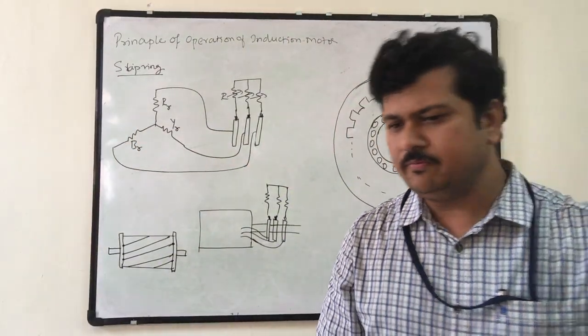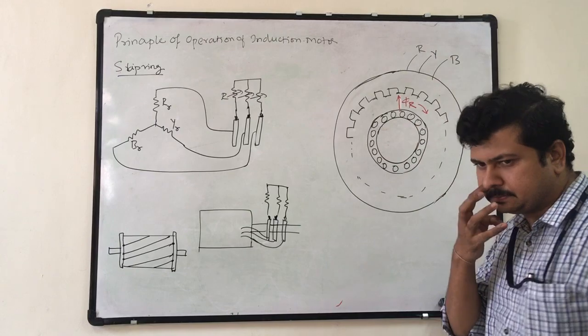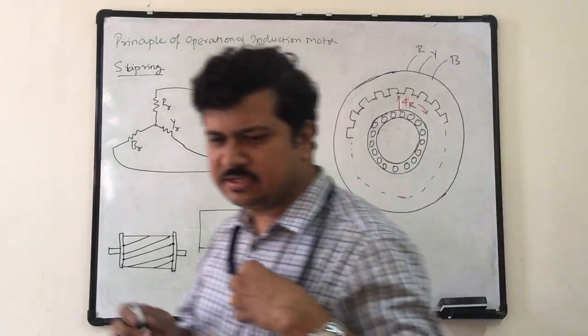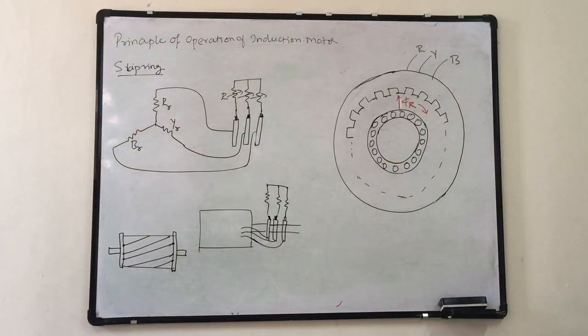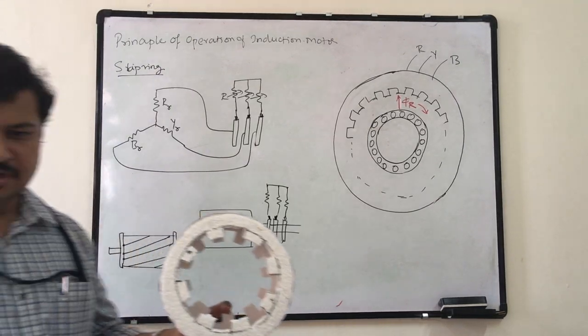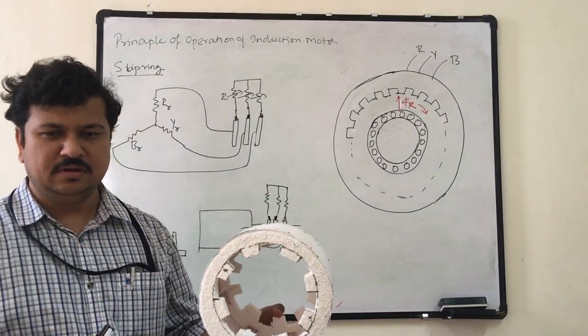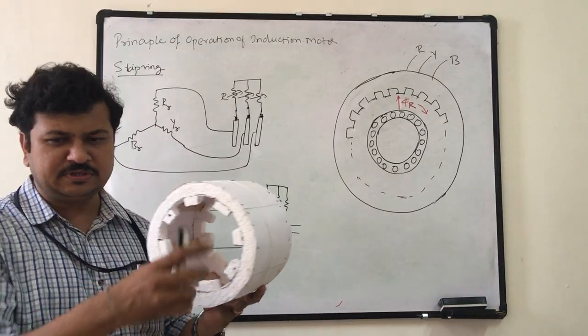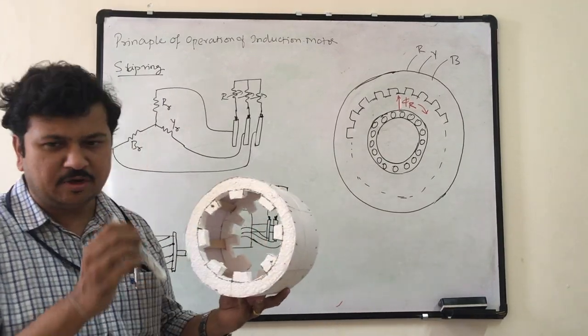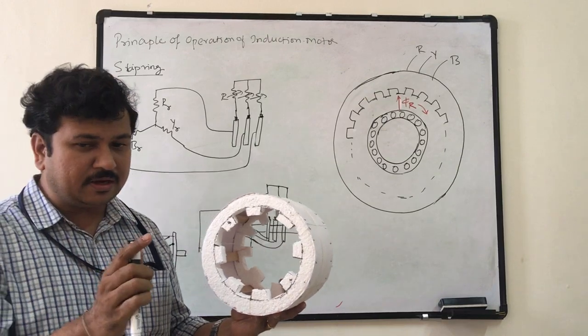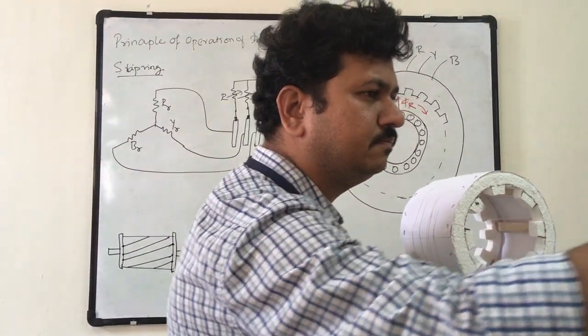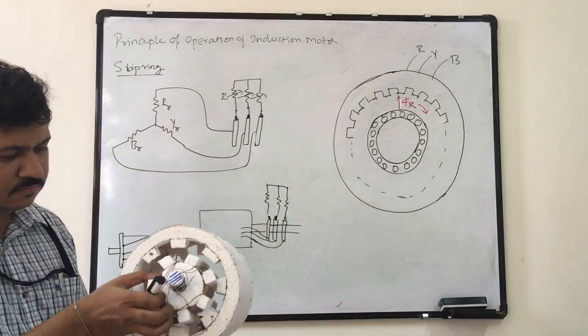Okay, so now coming to what happens. I have connected a stator. This is my stator. To this stator I have given the three-phase supply, and this stator is now producing a rotating magnetic field in the air gap. Now I will place the rotor here.